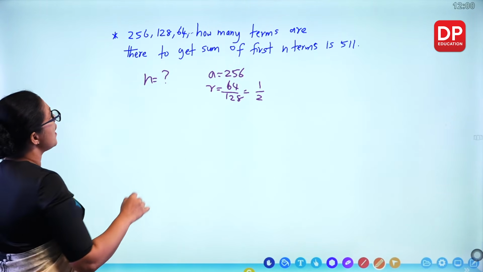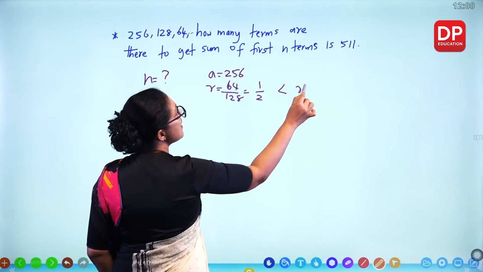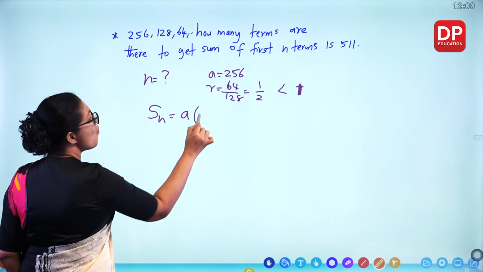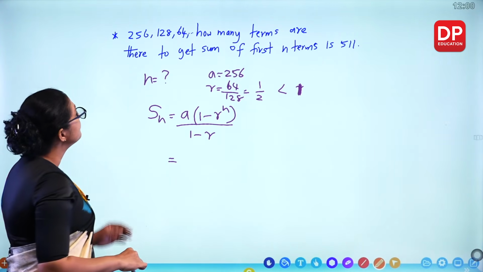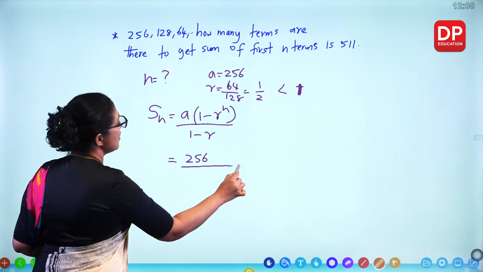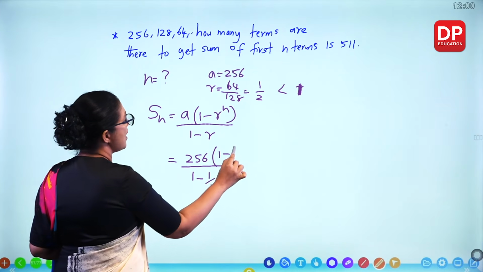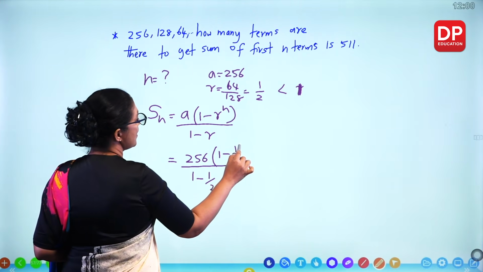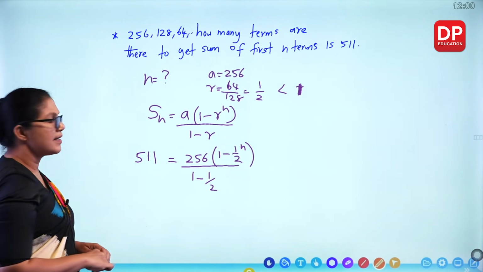Now we need to plug it into the Sn formula. Which one is suitable? R is less than 1, which means you can use 1 minus R^n over 1 minus R. What's the first term? 256 times 1 minus half to the power n, over 1 minus half, equals 511.